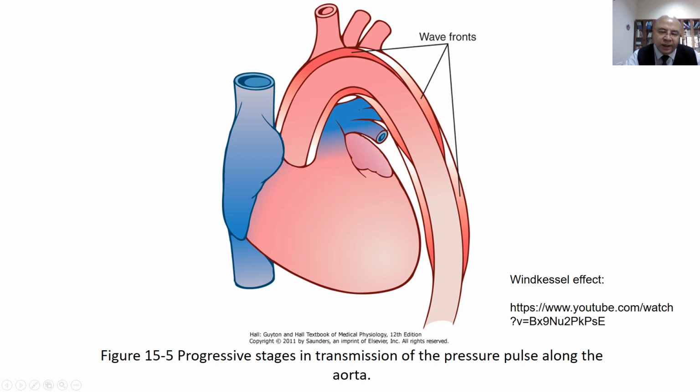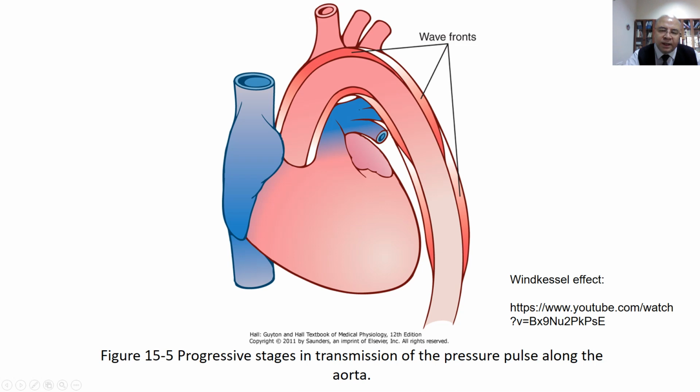And during the diastolic phase, this blood will try to return back to the left ventricle. However, the semilunar valves will be closed and will not let the blood return to the left ventricle. So the aortic wall will try to return to its original position.